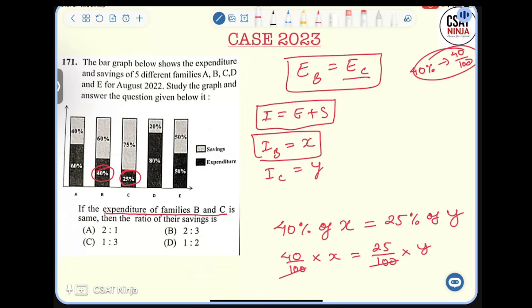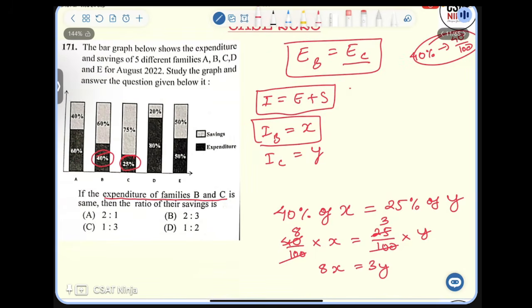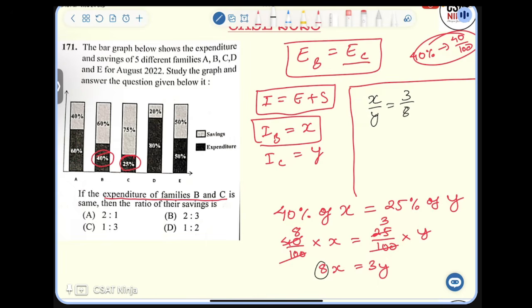So 100 cancel. 5 3s are 15, 5 8s are 40. That means 8X is equal to 3Y, which can be written as X divided by Y is equal to 3 divided by 8. That means I'm bringing this one down.